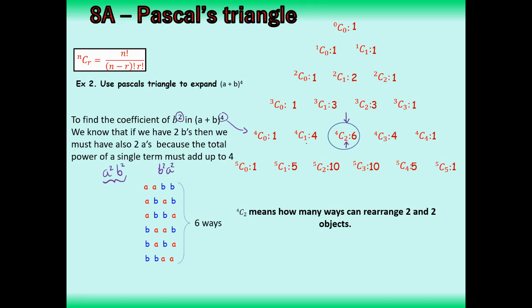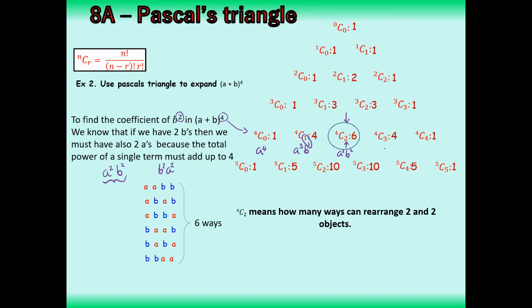Now this stands for a to the power of 4. That's the coefficient of a to the power of 4. This is a to the power of 3, b to the power of 1. So that 1 here matches the power of b, and that 2 is matching the power of b again. It's symmetric.